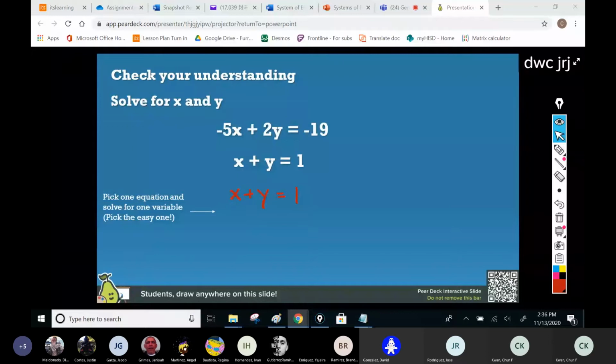All right, Regina, you're doing good. Yeah, Jaira, yep, you're doing good. You're doing great. Sarah, wait, what are you trying to do? So you minus y on the left and the right. That's good. So what exactly is x?